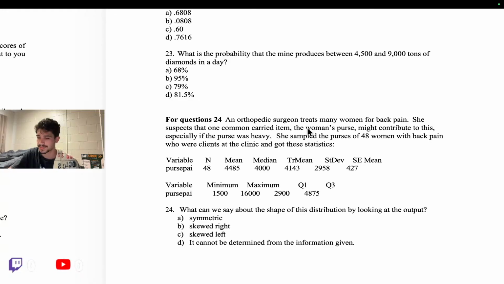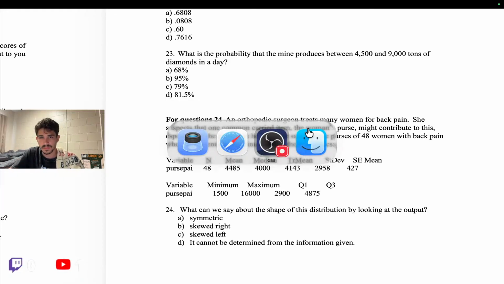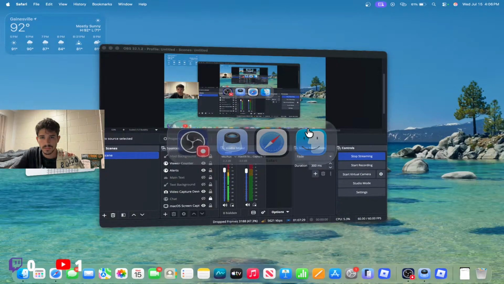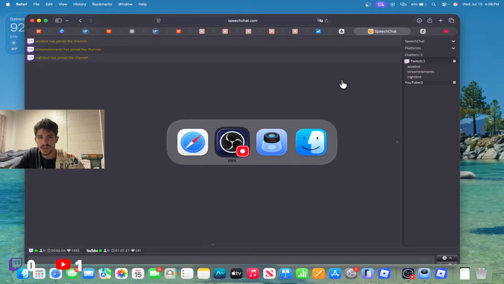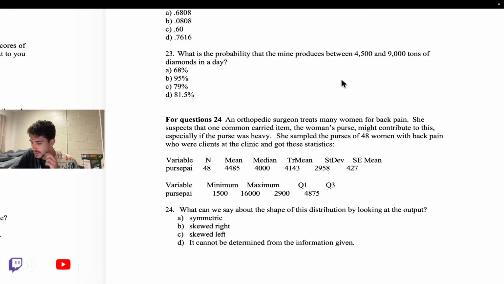Well, if our mean is slightly larger, then it's right skewed.